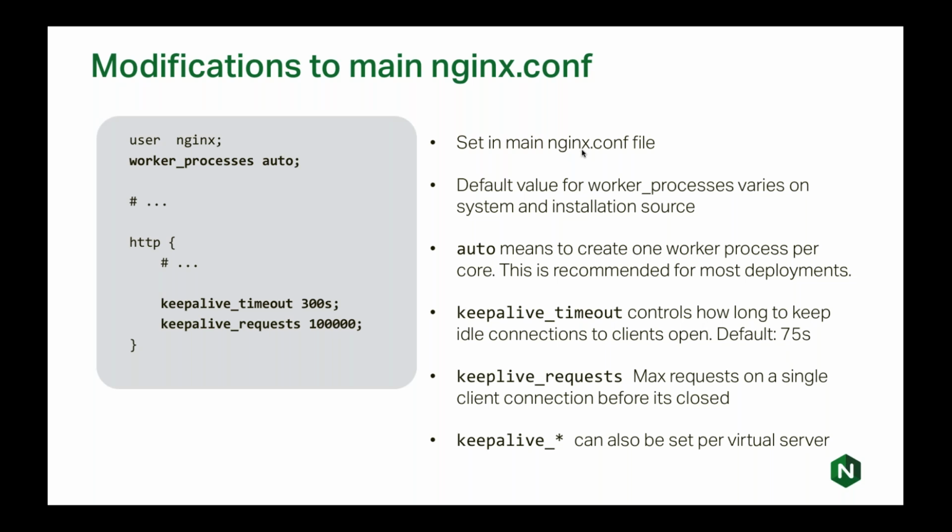And I didn't put the default in this slide, but there is a default value for this. And after that, nginx will close off the connection. So if you want connections to stay open for more requests, then you're going to override that with the Keepalive request directive. You can also set this per virtual server. So you can have a global setting here and then override it per virtual server, or you can not even do it in nginx.conf and have these Keepalive settings per virtual server. It's entirely up to you.